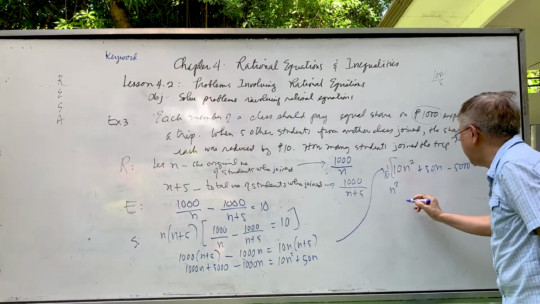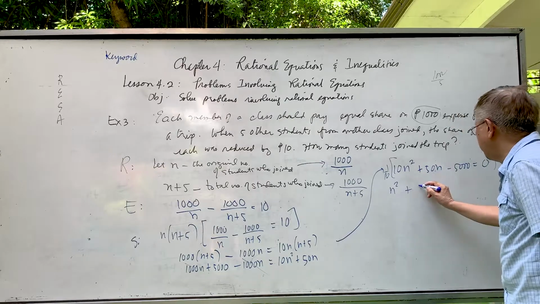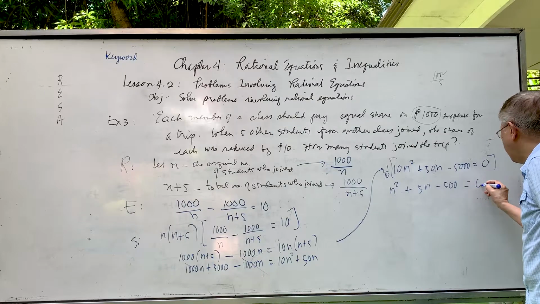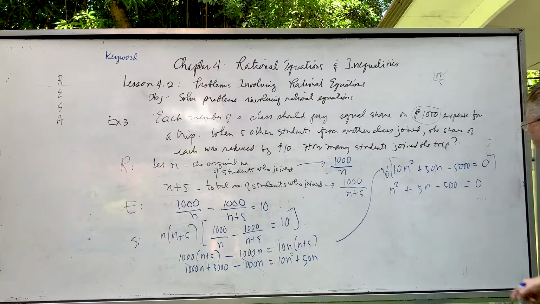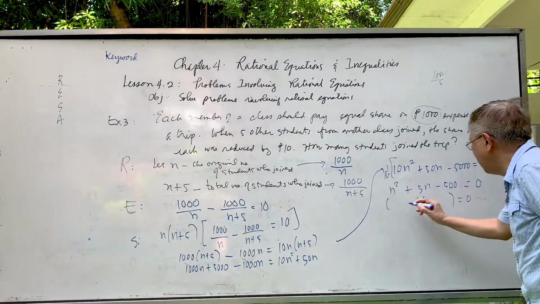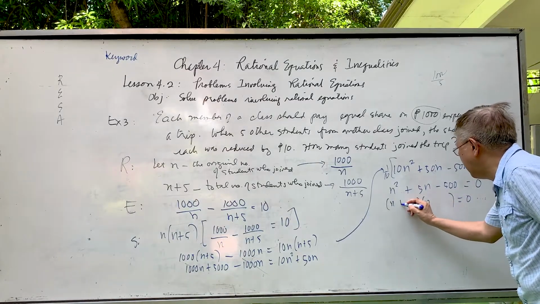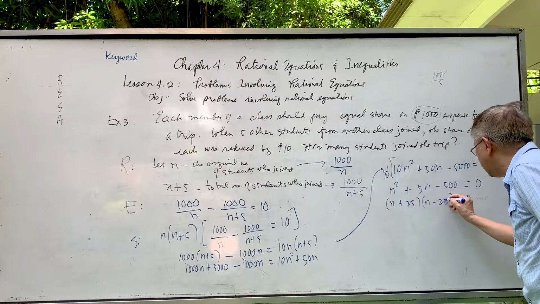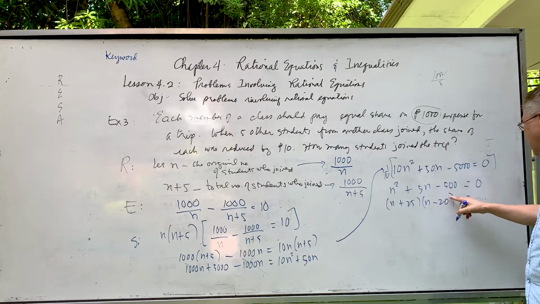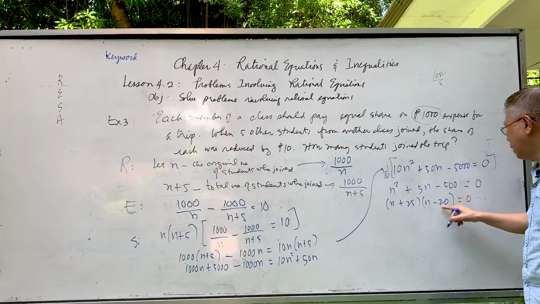And this gives me n squared plus 5n minus 500 equals 0. So, this one is factorable. I can have my factors n plus 25 and n minus 20. So, 25 times 20 is 500. The middle term is 5n.